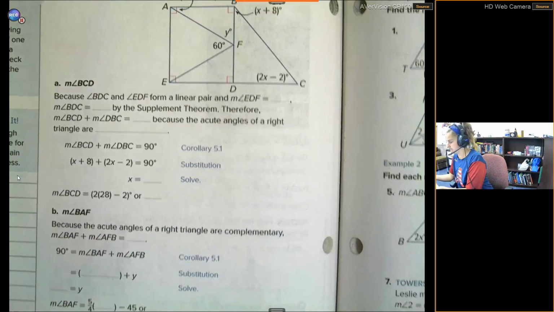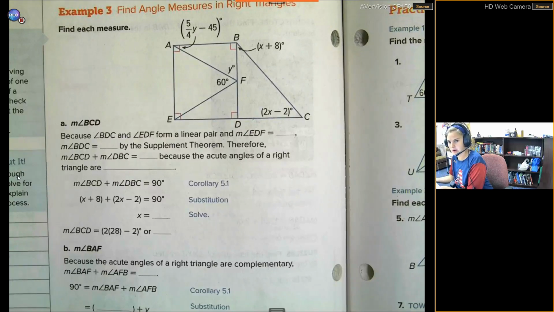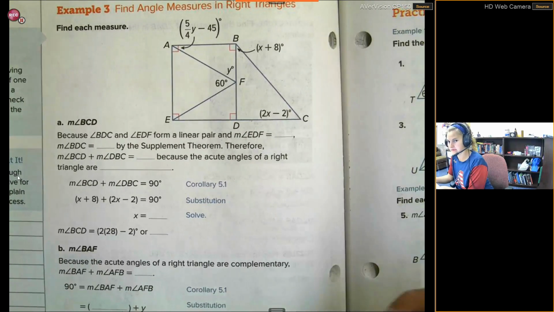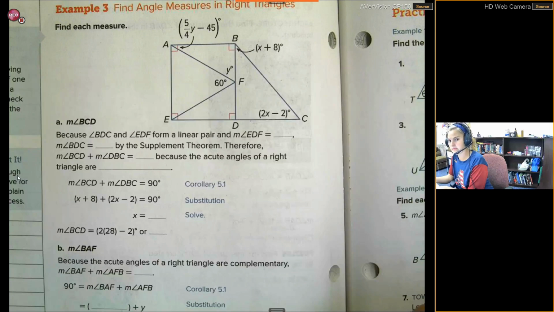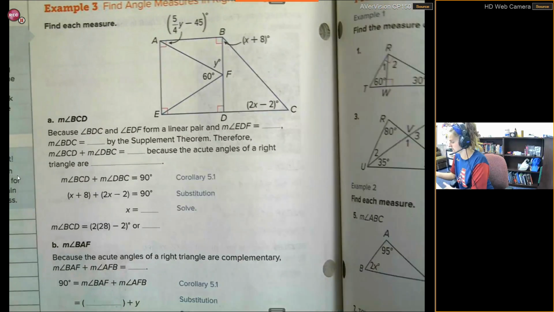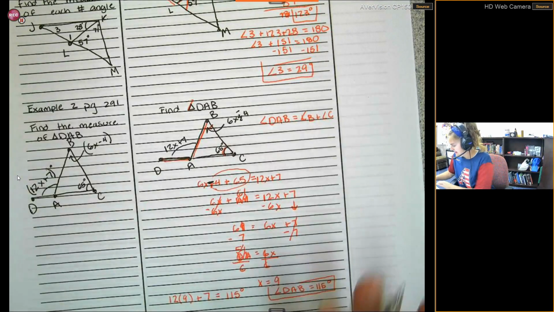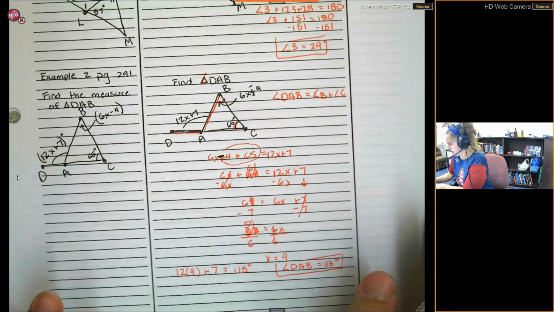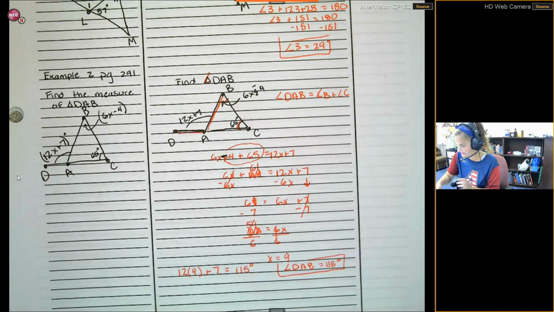example 3. It says, find the angle measure in the right triangles. So this one's going to be fun. All right. So we can either go to a new page or we can just write it below.